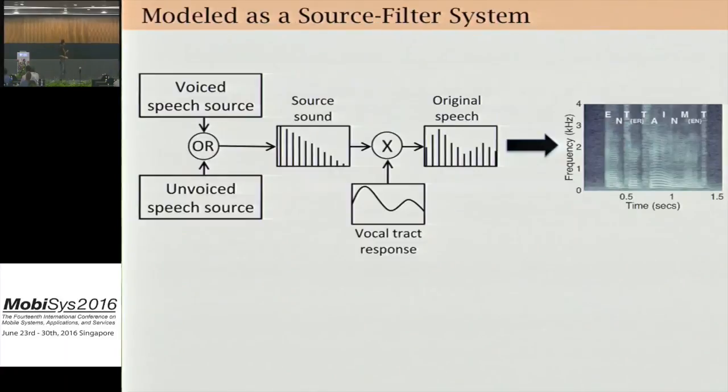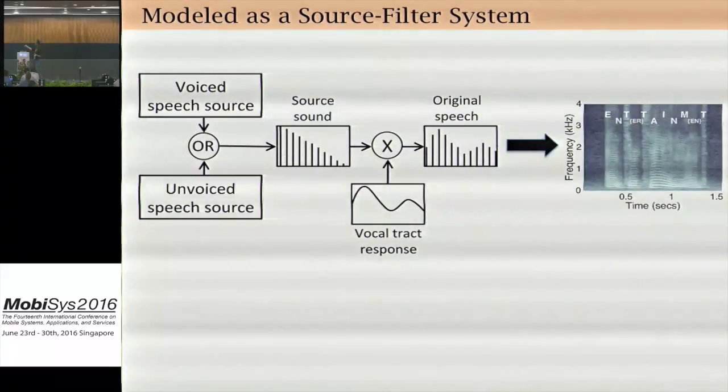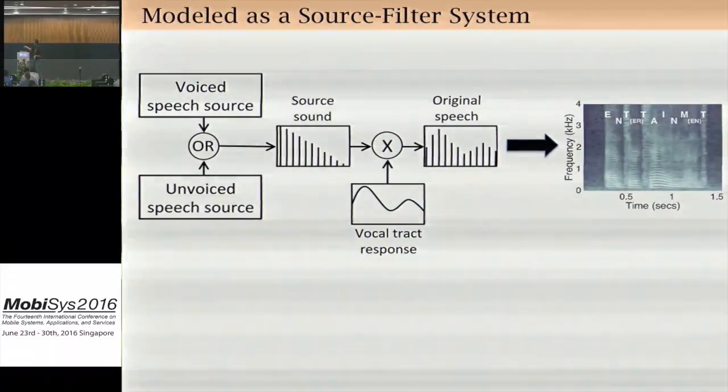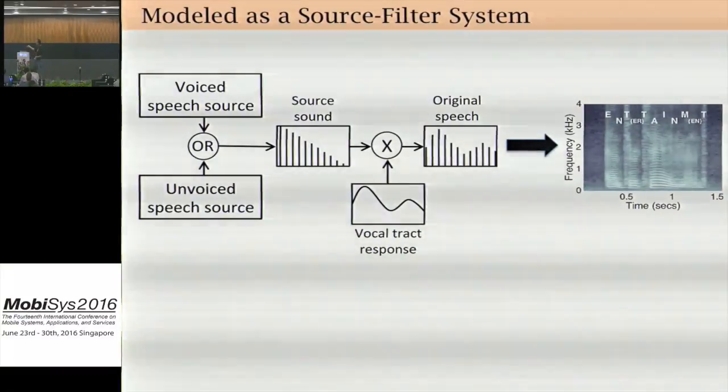Okay? Now in the acoustic community, they have modeled this whole system in a much more complicated way, but I've abstracted out the basics. They've modeled this as a source filter system where there are these bases of the acoustic signal, voiced and unvoiced, which makes up the sound source. Then the vocal tract response is an addition on top of that sound source, and then that's the original speech.